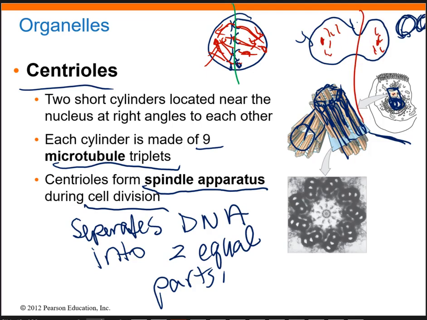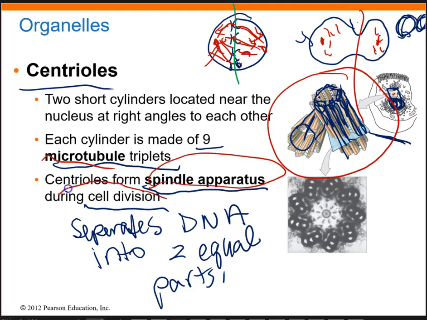So the cell can split, and you know that the DNA was divided equally. We'll talk more about how cell division works at the very end of this chapter. But for right now, you should know that these are centrioles. They're made out of microtubules, and they form the spindle apparatus during cell division to separate the DNA.